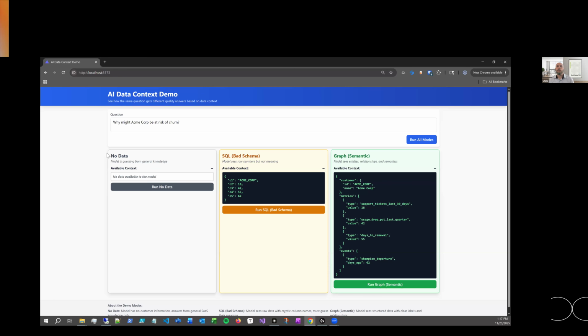And so what we're going to do here is send the same prompt to 3 different scenarios. The first one, we're not going to send any data at all. We're just going to ask the question. The second one, we have SQL data, but it's a bad schema, right? The column names are meaningless. The values don't have any sort of attribution or commentary or metadata to support them.